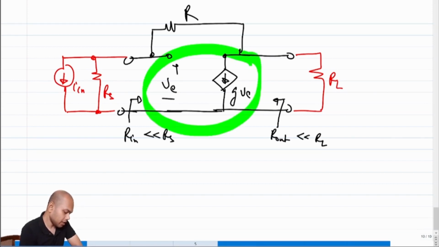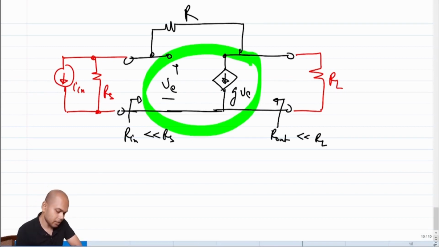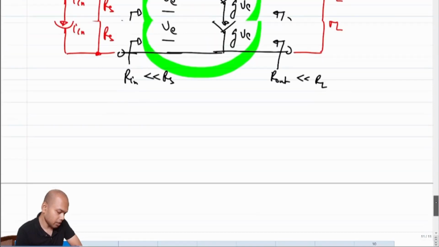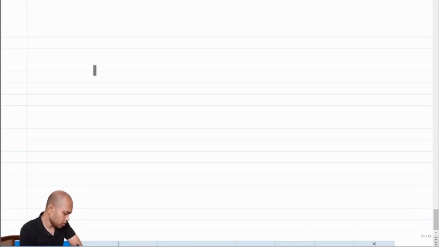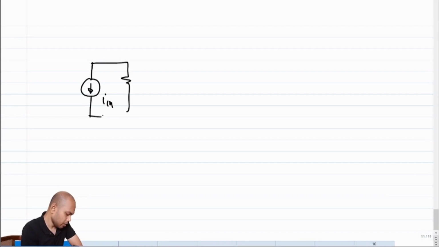So now you should readily recognize what this contraption is. G times VE. This clearly is a MOSFET, right? That G is GM, the transconductance of the MOSFET. So now let's replace the incremental model with its full blown equivalent. So this becomes, again, this is I in, this is RS, right?